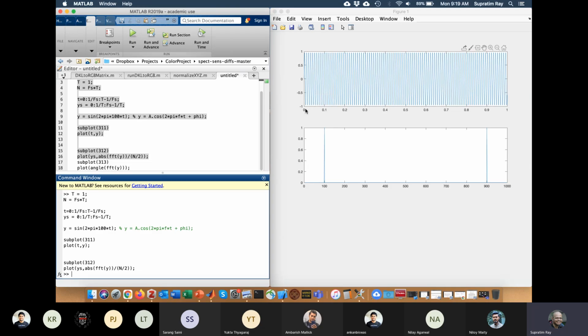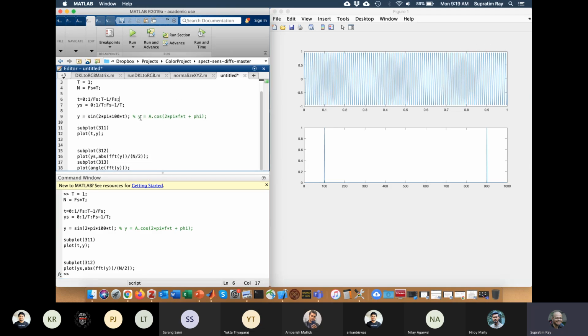Okay, so I'm sampling at 1000, and when my frequency is 100 hertz, each cycle has only 10 points. So it may not catch the peak, but in the frequency domain, it doesn't matter. It's still sitting at 1.